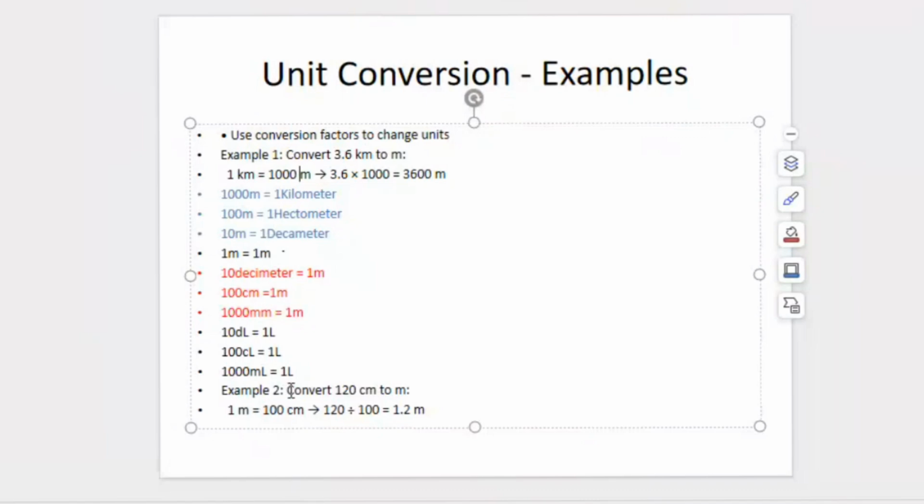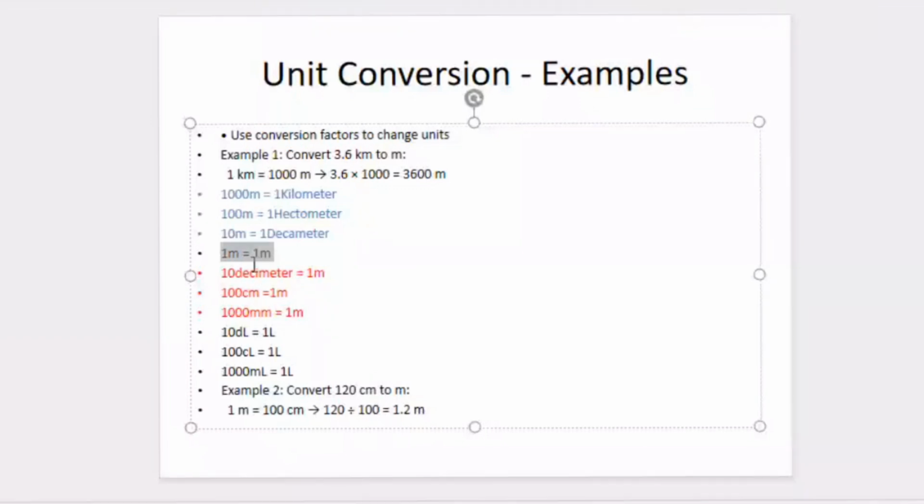Example 2 says convert 120 centimeter to meter. So first thing, as I said, you check where you are converting from. Which of them is the bigger unit? Looking at this chart, we have centimeter, comparing it to meter, which is the base. Is it beneath meter or above meter?